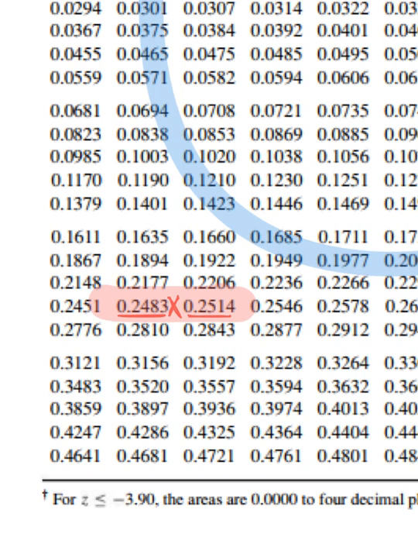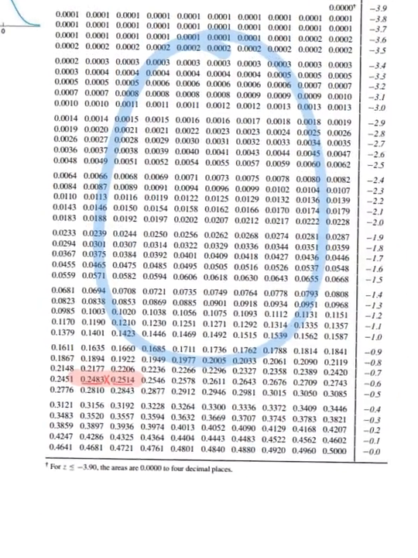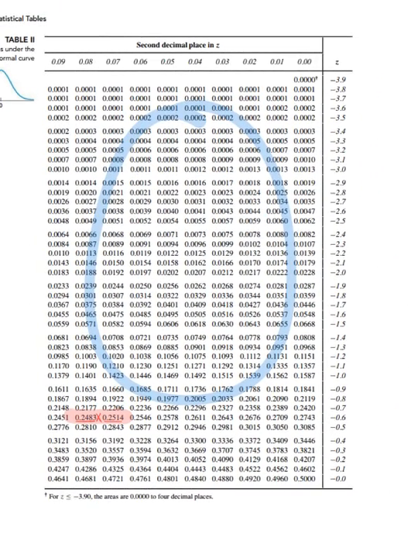We need a negative z-score: negative 0.67 and negative 0.68.